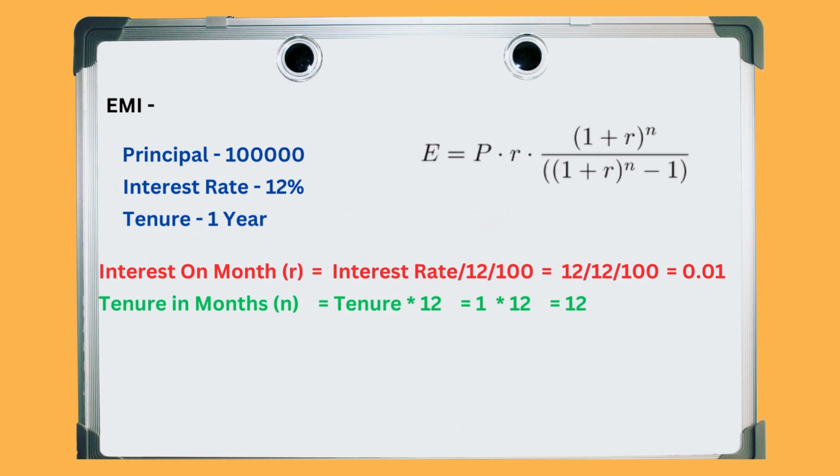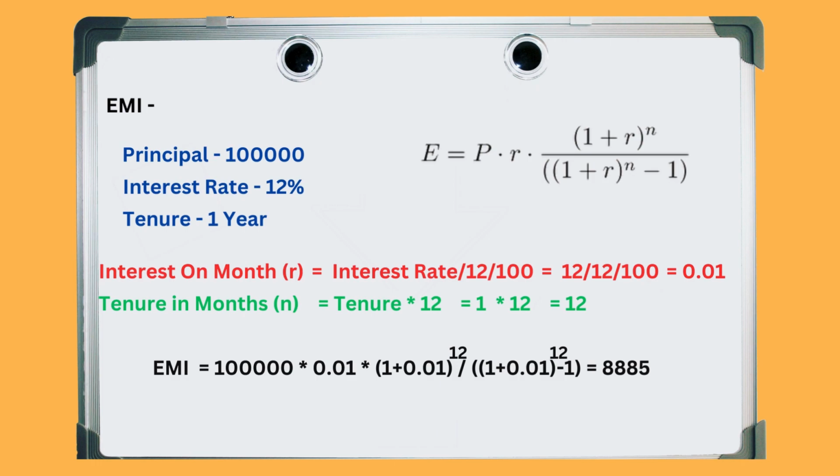Now when you calculate the EMI for this loan amount, it would be 1 lakh, the principal, multiplied by 0.01, the monthly rate of interest, multiplied by 1 plus R, that is 1 plus 0.01, to the power of the number of months, 12, divided by 1 plus 0.01 to the power of 12 months, minus 1.